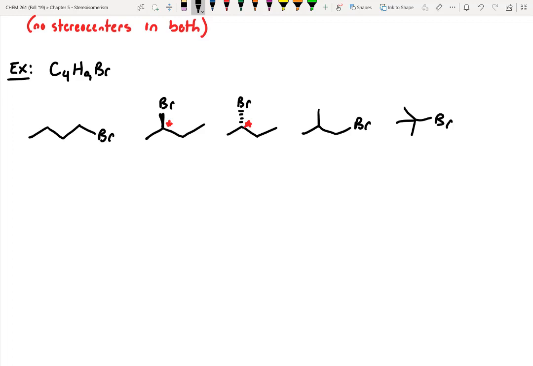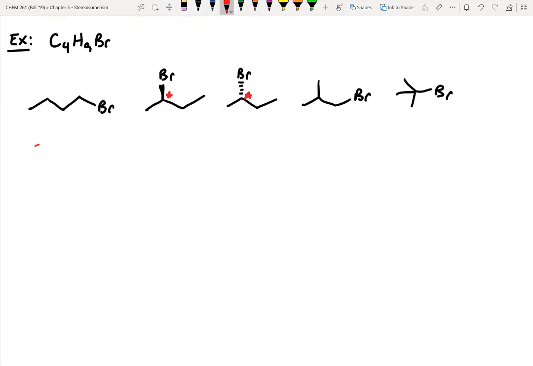Make sense so far? All right, so first question is determine which are chiral and achiral. The first one that I have drawn over here, is that chiral or achiral? Achiral, because it doesn't have stereocenters. What about this one right here? It's going to be chiral.